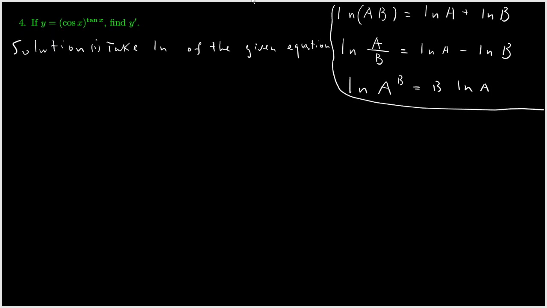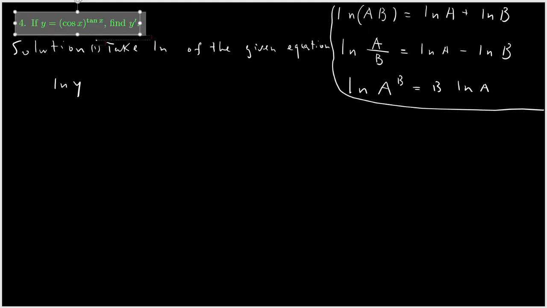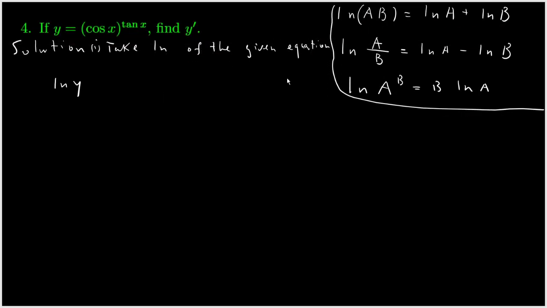Okay, now let's see what we get. You take natural log to two sides of the equation. The left hand side now becomes natural log of y, and by the way, you treat the whole thing in here as the equation. Should I make it a little bigger? Better.